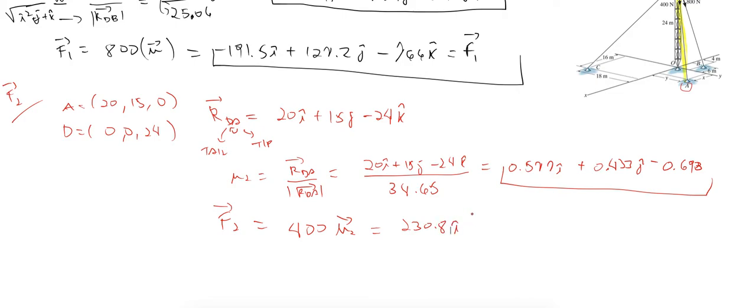Then 400 times 0.433 gives us 173.2 in the J direction. And the other one is 0.693 times 400, 277.2 in the K direction. So we're good with F2.